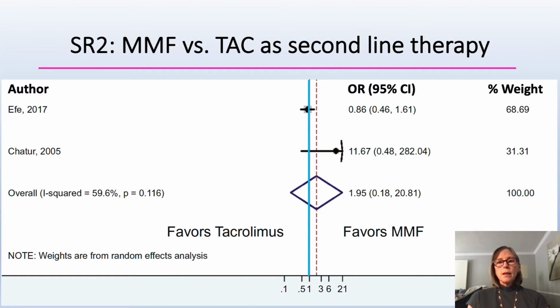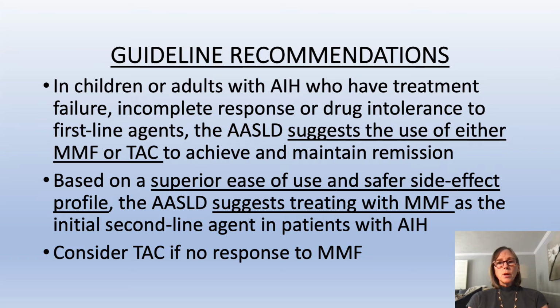Here are the results, similar to the last forest plot that I showed you. However, in this setting, the diamond within that forest plot crosses the blue line in the middle, telling us that there was no difference in outcomes between MMF and tacrolimus for second-line therapy. Therefore, in children and adults with autoimmune hepatitis who have treatment failure, incomplete response, or drug intolerance to the first-line agents, the AASLD suggests the use of either MMF or tacrolimus to achieve and maintain remission.